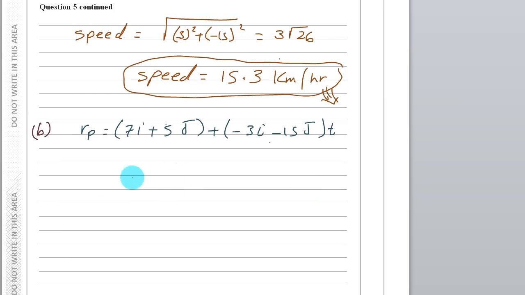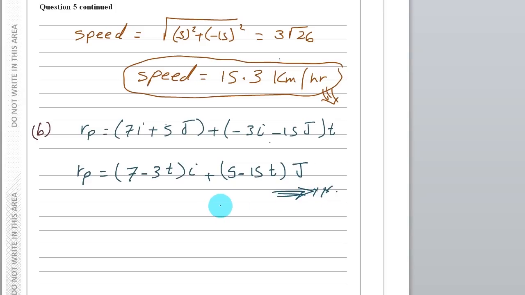So we can write now RB is equal to 7 minus 3t multiplied by i plus 5 minus 15t multiplied by j. And this is the equation that you need.